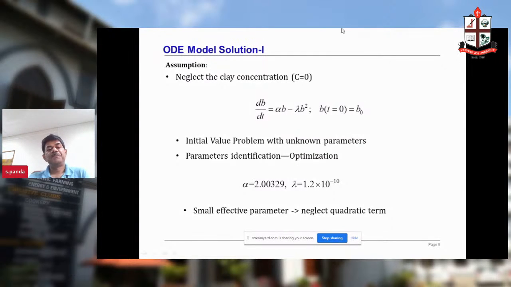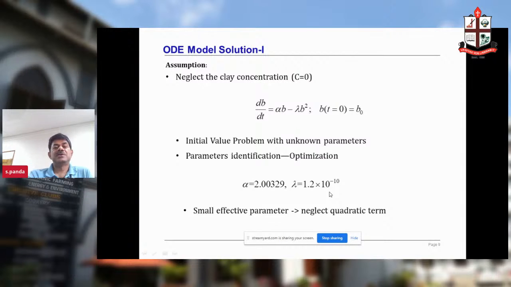So in this problem, suppose alpha and C are constant, and suppose you neglect the concentration. You just check how bacteria grow or decay without any chemical agent. Based on the data, we observe that alpha is 2 point something, and lambda, the quadratic term, is very small.